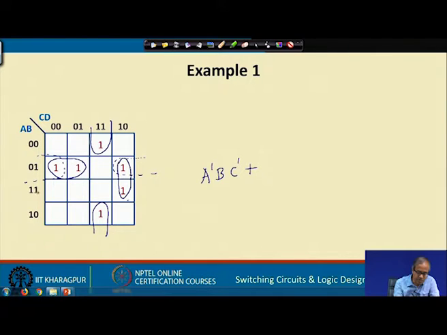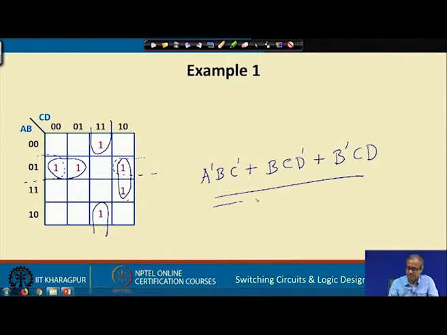So, 0 1 and 1 1, A cancels out, B is 1, so it is B, and it is 1 0, so C D bar. And the last one, this top and bottom, 0 0 and 1 0, A cancels out, B is 0, B bar, and 1 1 C D. This is the minimized form of this function, right.